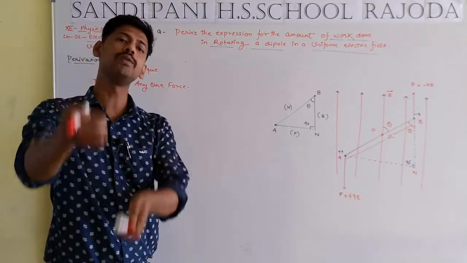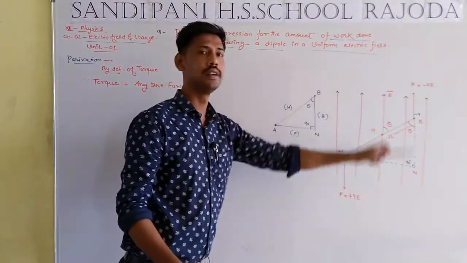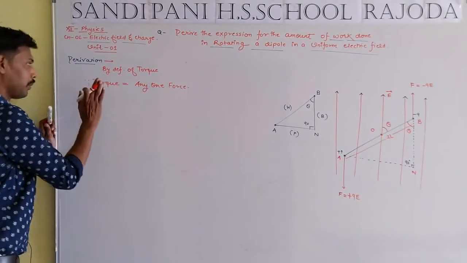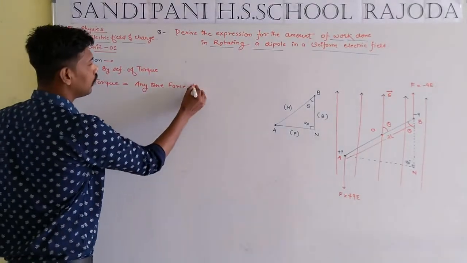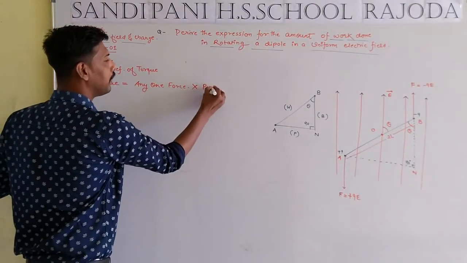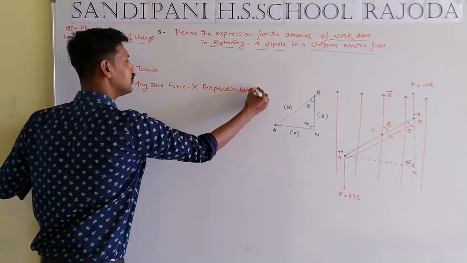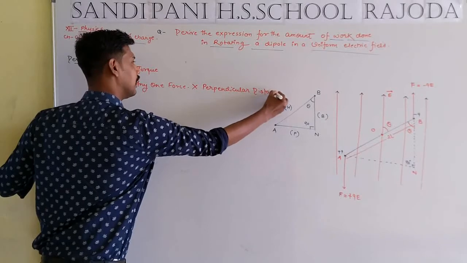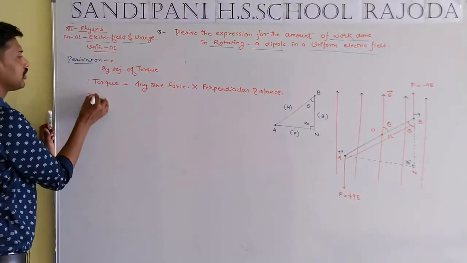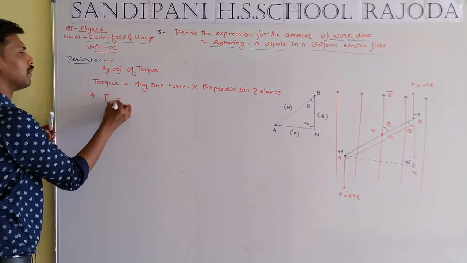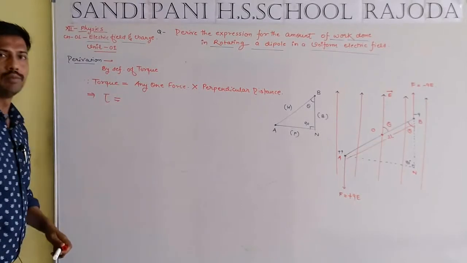We choose any one force between these. The definition of torque is any one force into perpendicular distance. The representation of torque is tau, that is the symbol of tau.